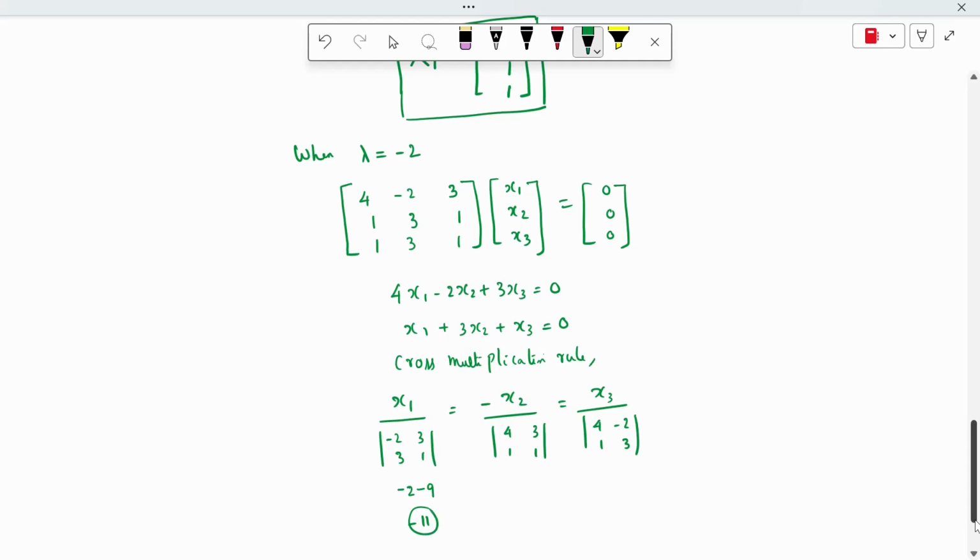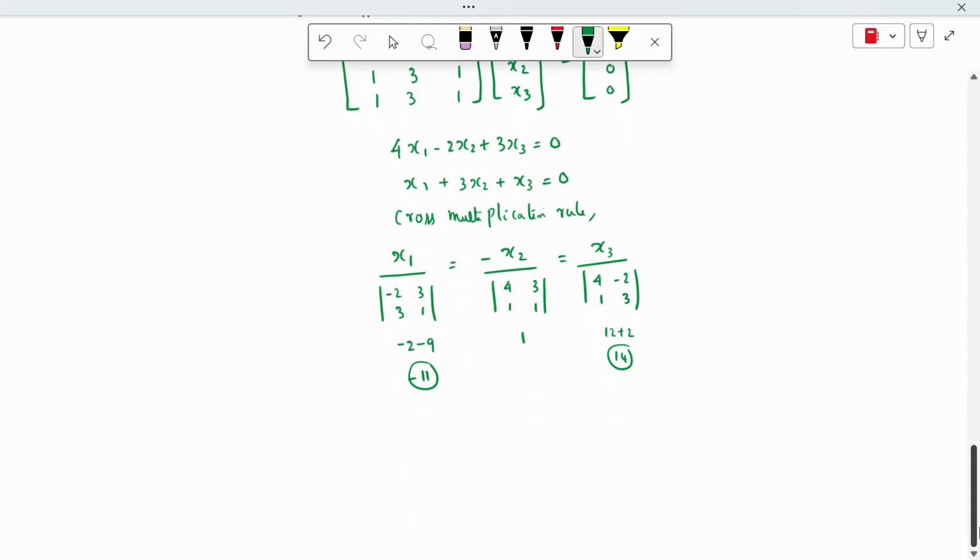Here 4 minus 3, 1. In this, 12 plus 2, so 14 I am getting. Correct? I am not able to divide by any common number, so I will write the vector as it is. The x2 vector is minus 11, here one more minus symbol, minus 1, 14.